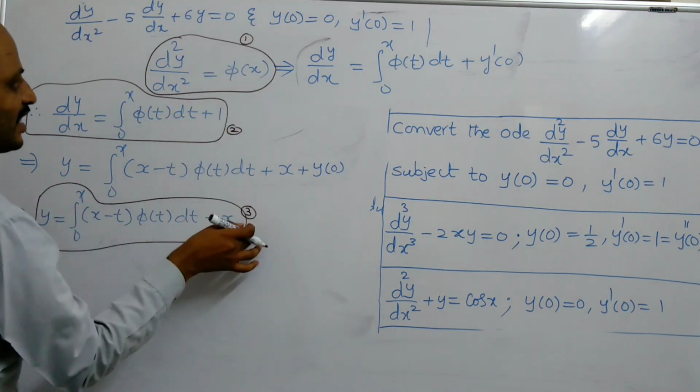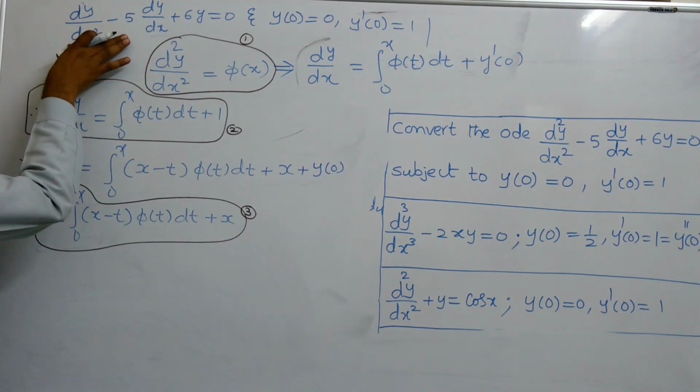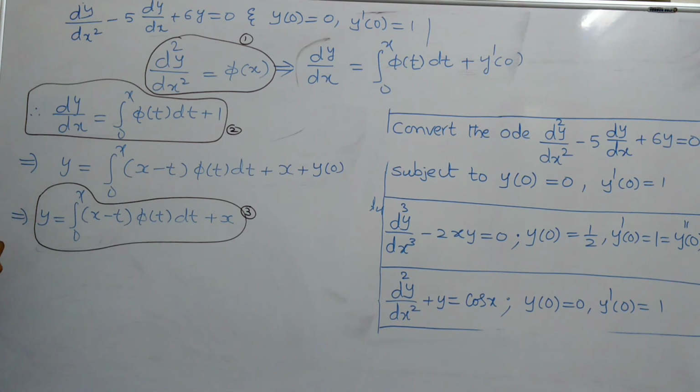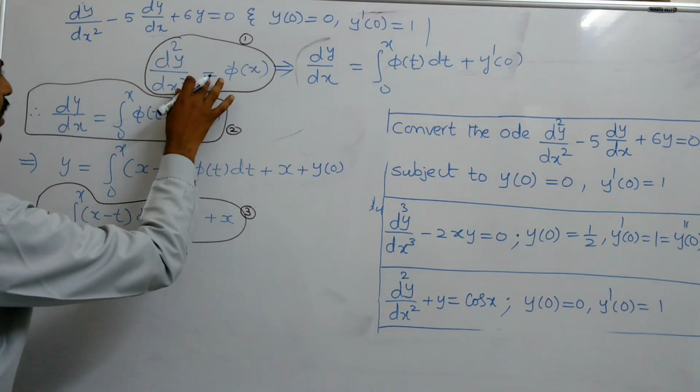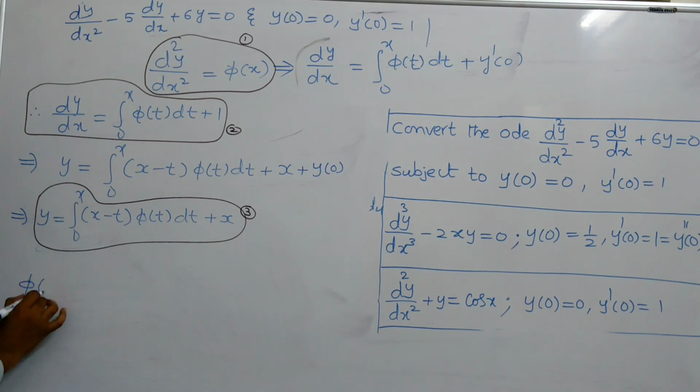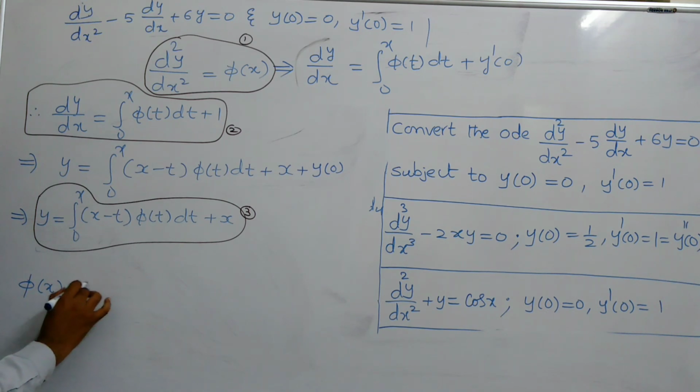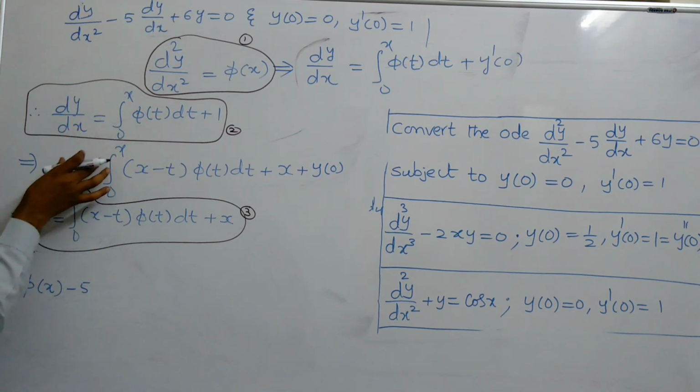Using all these three conditions in the given differential equation, you get the first term d square y by dx square, you put it as phi of x, minus 5 into dy by dx. What is dy by dx?